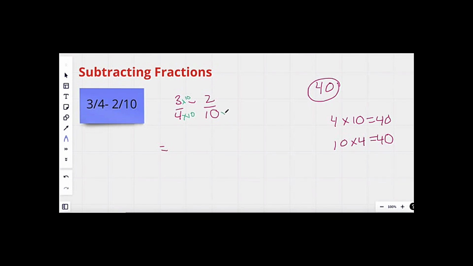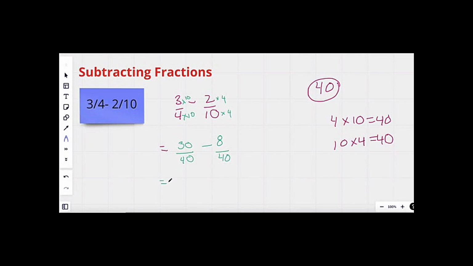Well, we're going to multiply the 10 by 4, and that means that we're also going to multiply the top by 4. So let's rewrite our fractions. So that means that we've got 30 at the top here because 3 times 10 is 30, and we've got 40 at the bottom, minus 8 at the top here, and 40 at the bottom.